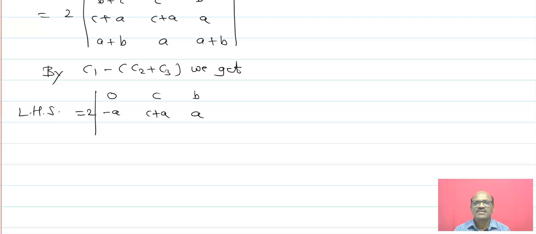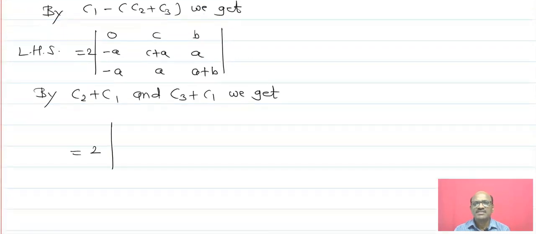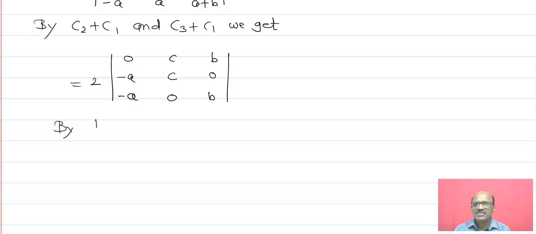Therefore, we are getting that is 2 in bracket 0 minus A, and column wise C, C plus A, B, A and A plus B. Now next is, that is C2 plus C1 and C3 plus C1, we get keep C1 as it is, which is 0 minus A, and C2, in C2 we are adding C1.